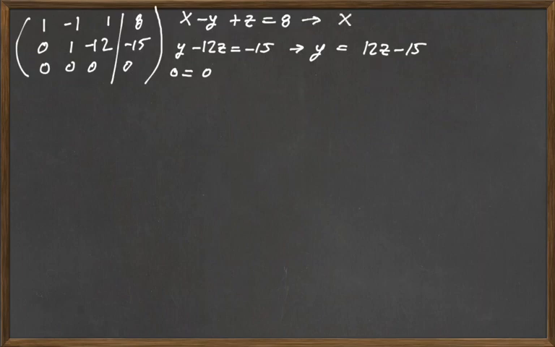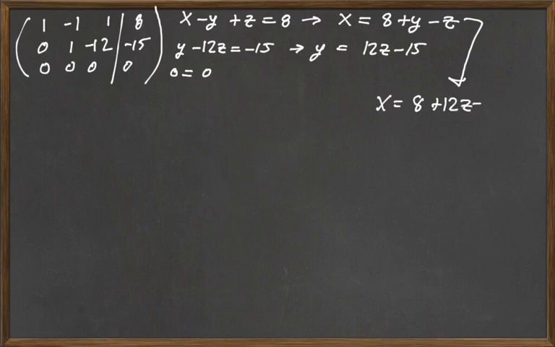So x is equal to 8 plus y minus z. Now we have a value for y, so we'll plug that in. So that's going to be x equals 8 plus 12z minus 15. Okay, so x is going to be equal to, what happened here?